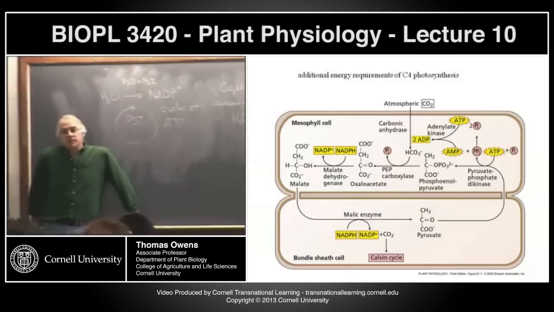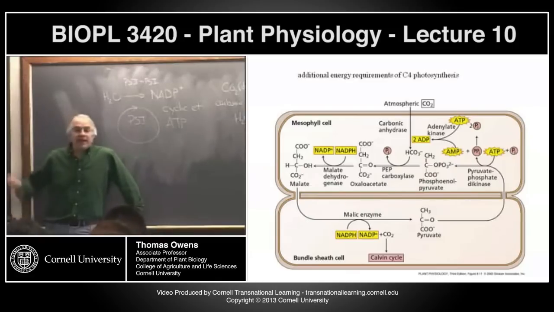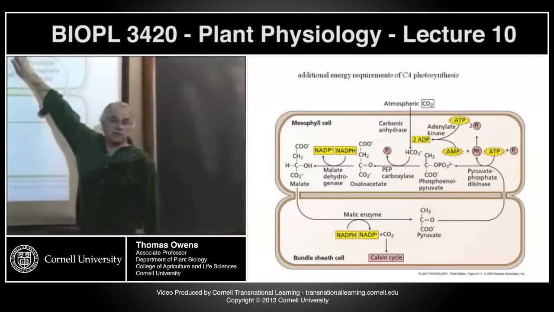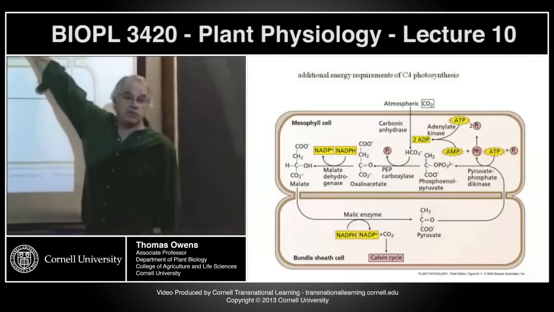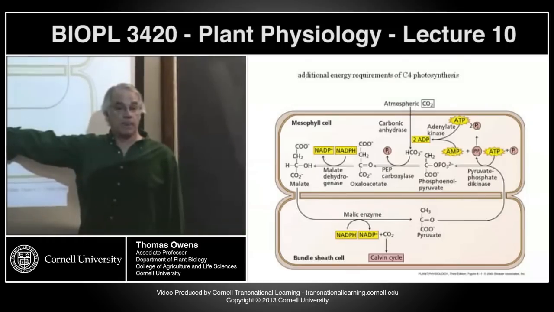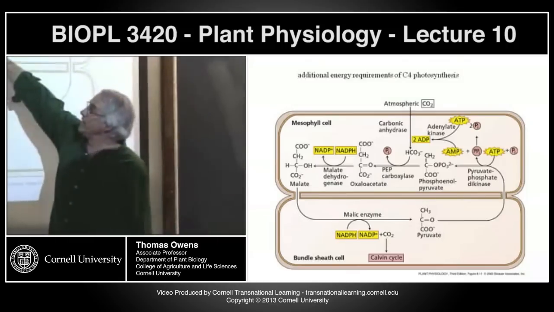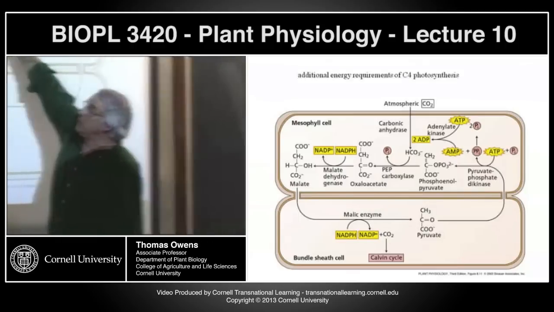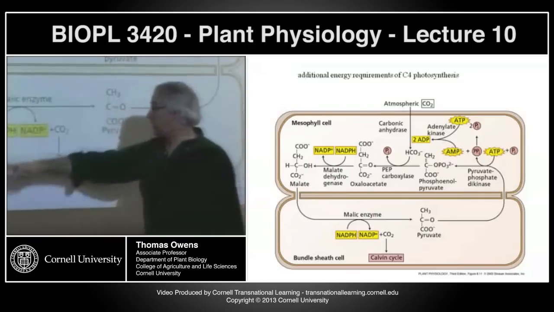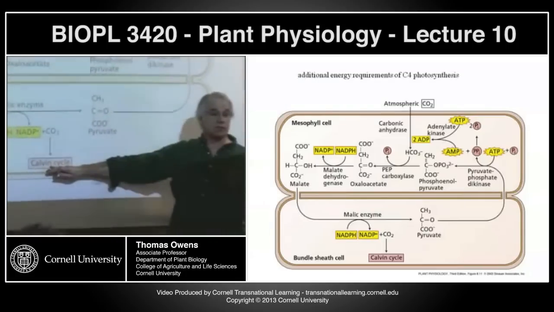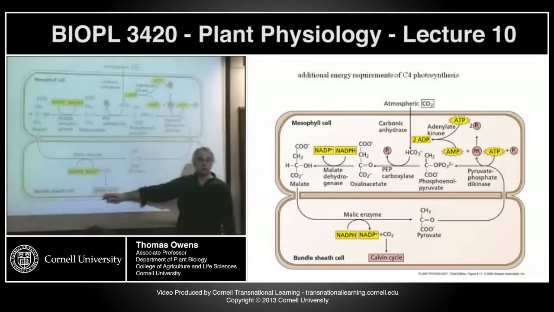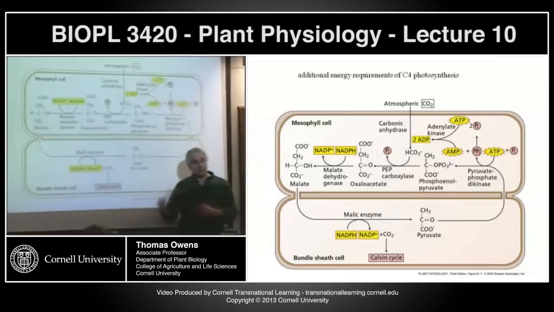There's one of the supplementary study questions that asks you to think about this: the chloroplasts in the mesophyll cells make ATP and NADPH. The chloroplasts in the bundle sheath cells just make ATP. We know from looking at this picture that we need ATP and NADPH in the mesophyll cells. And if we have the Calvin cycle in the bundle sheath cells, then we need ATP and NADPH here. Where's ATP being made? Where's NADPH being made?